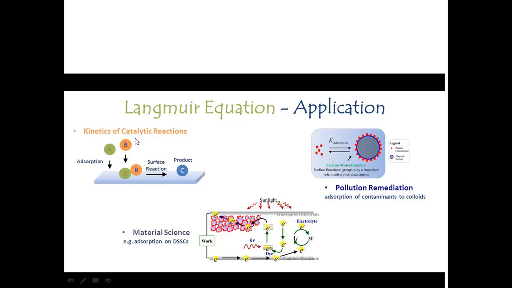And this is one of the examples of a catalytic reaction. In detail, we will be discussing in the next few lectures what the possible catalytic reactions are in the case of the adsorption isotherm. And here it is just one of the applications. When it is going to adsorb, that means it is similar to the rate of a chemical reaction. So you are going to adsorb the A or the B molecule on the surface, and you are getting some sort of product.